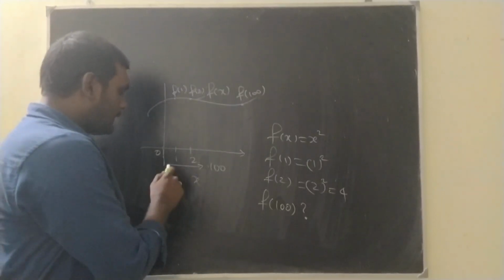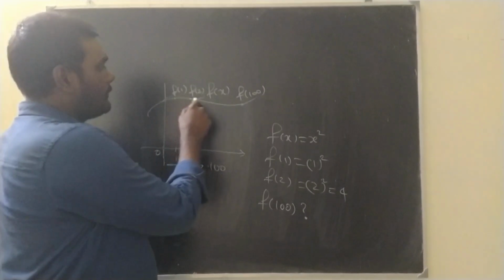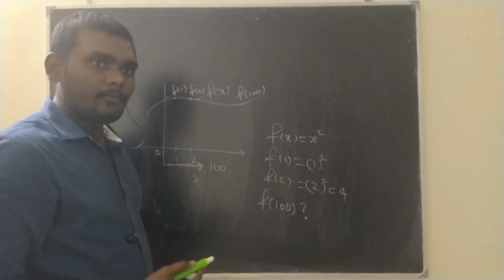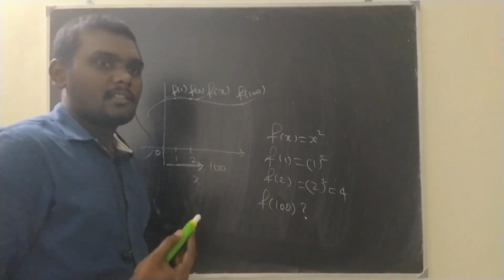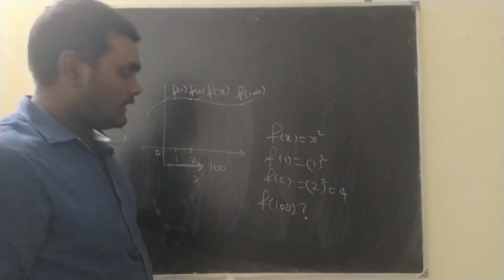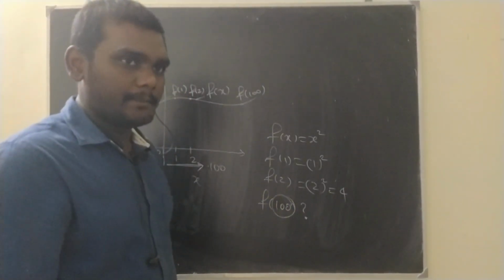As x is reaching 100, this f of 1, f of 2 also should reach f of 100. Then we can say the function is continuous. Here, for example, I took 100 at a point.